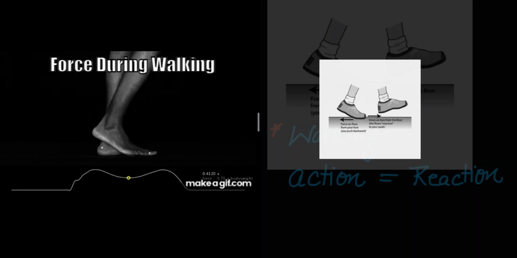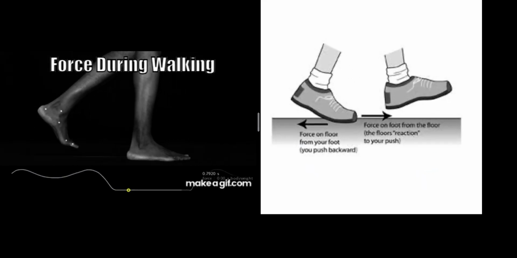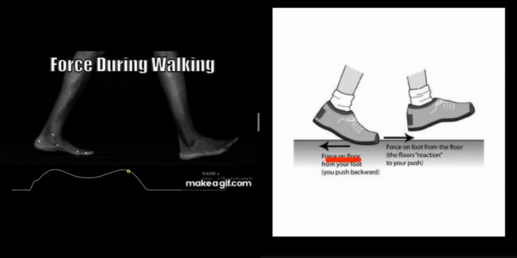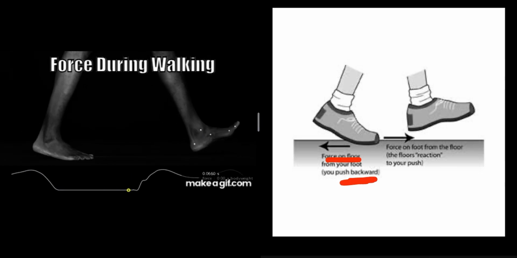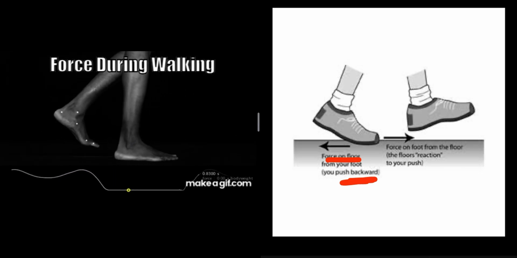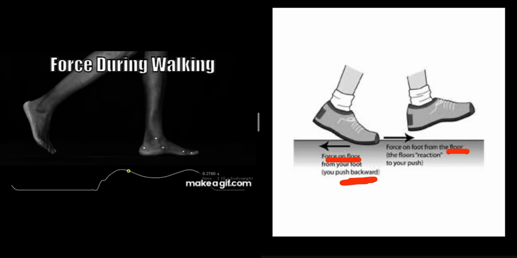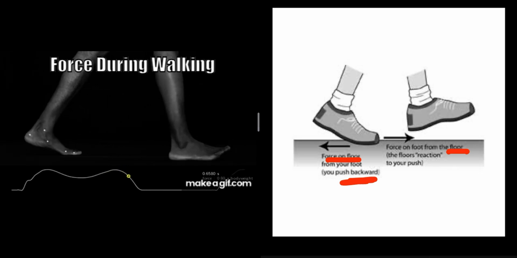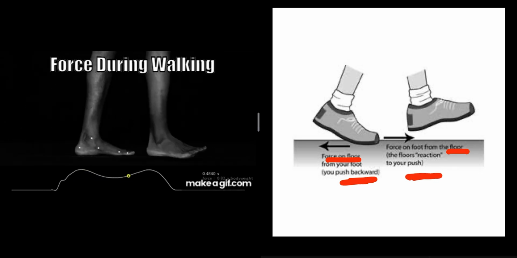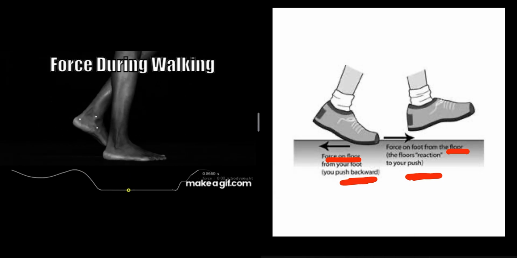Clear, students? You can see in this, the force on the floor is in which direction? It is in the backward direction. The force which the foot applies on the floor is in which direction? In a forward direction. So these opposite and equal forces are nothing but action and reaction. Clear, students?